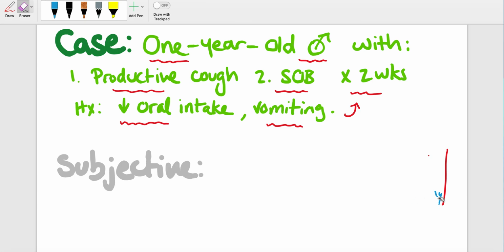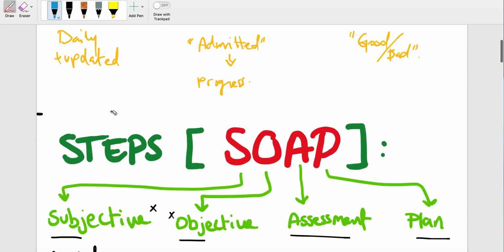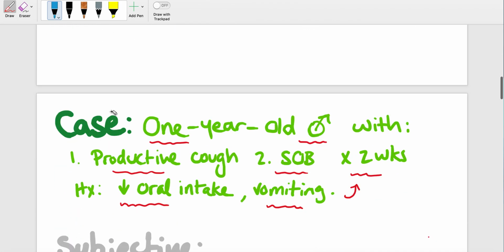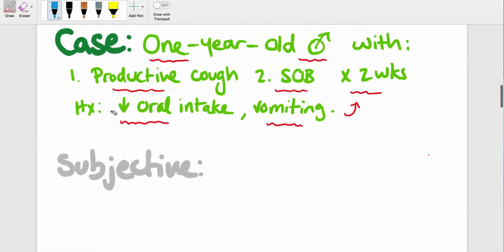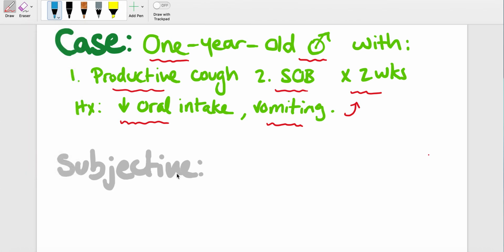In the subjective, what you will write, as we mentioned before, is age and gender.